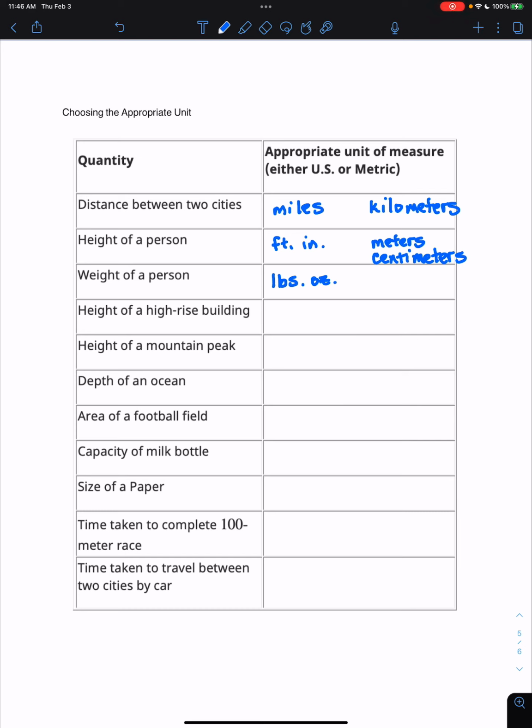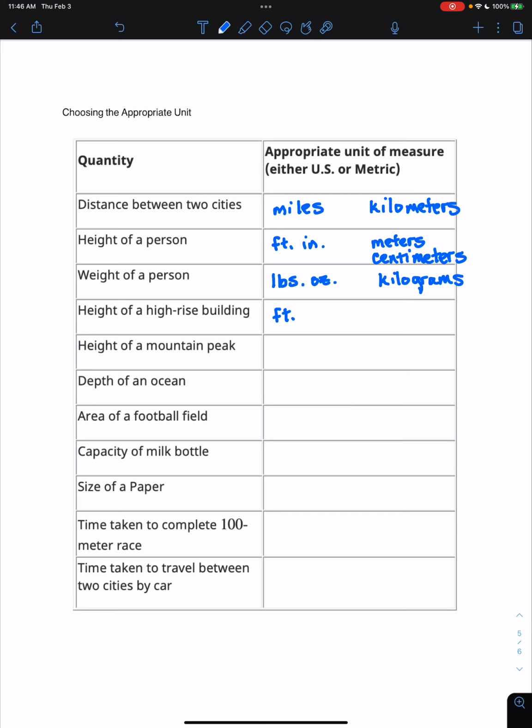Sometimes we use ounces for babies or small children. For the metric system, we'll probably use kilograms for a person's weight.